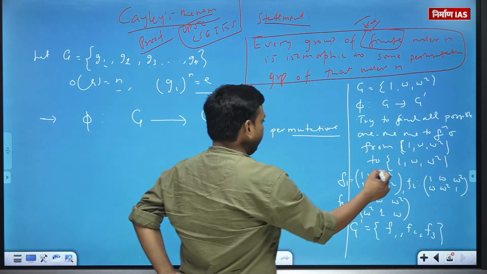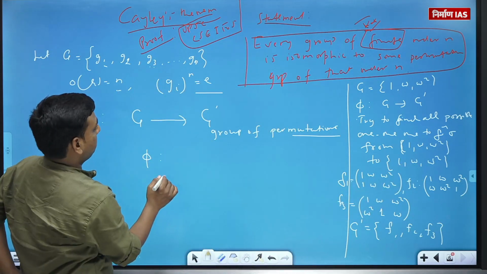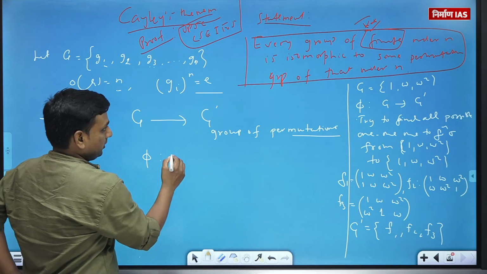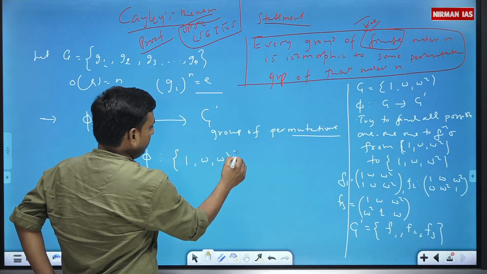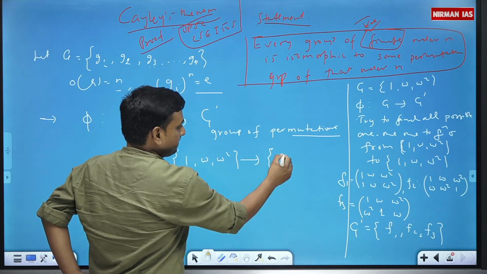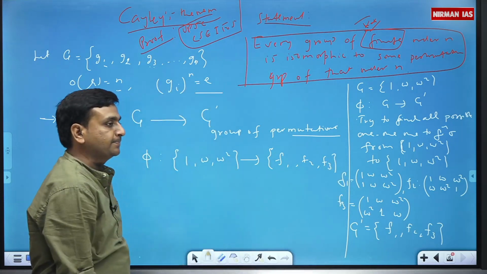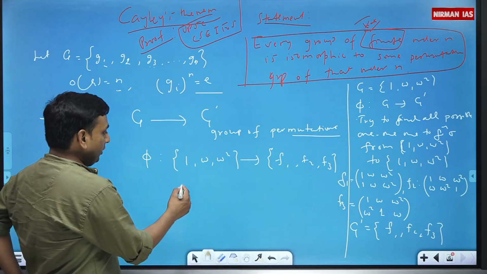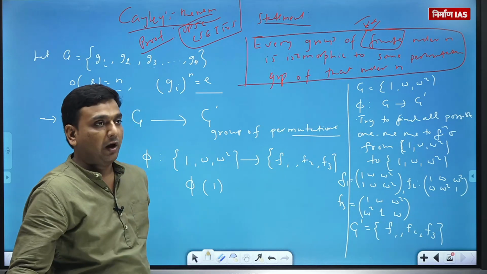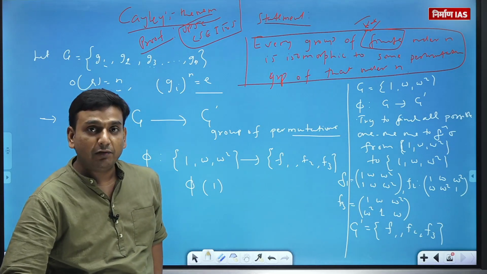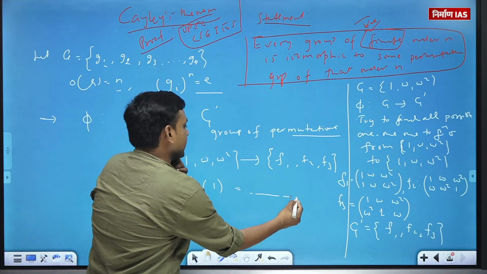So what do you have, dear? Now your phi is a map from the group {1, omega, omega square} to {F1, F2, F3}. Now you want to define this phi of 1. What will this phi of 1 be?